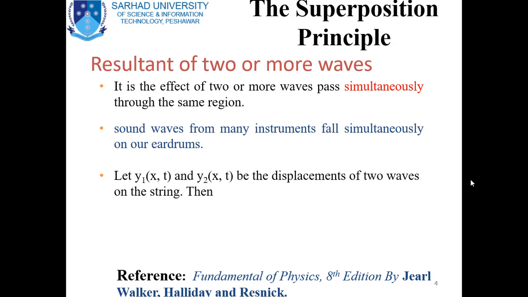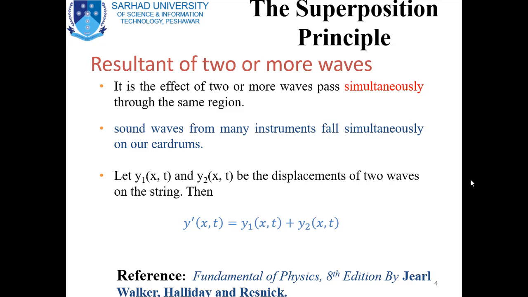We consider two instantaneous displacements of waves passing through the same string. Let y1 and y2 be the instantaneous displacements of these waves. When these waves overlap at a single point at the same time, the resultant displacement is simply given by the algebraic equation, in which y prime, the resultant displacement, is equal to the sum of the instantaneous displacements y1 and y2.